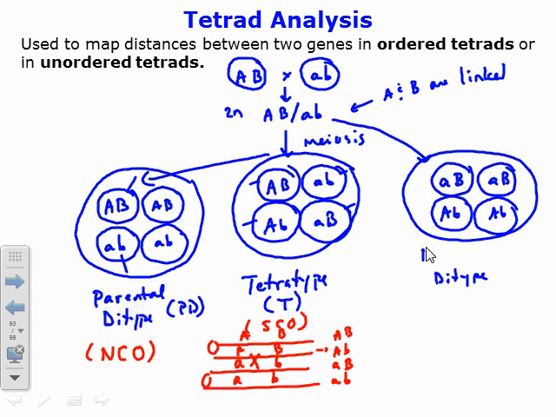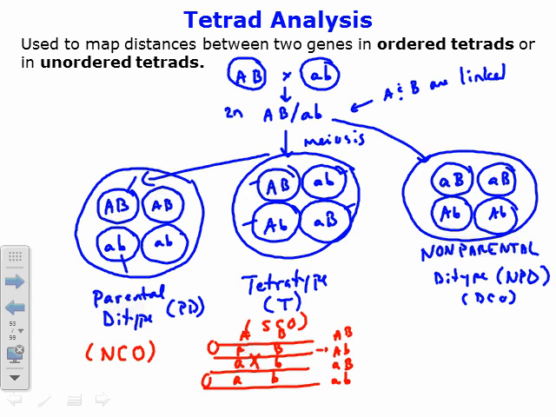So this is called a non-parental ditype, or NPD for short. And these arise through a double crossover. Double crossovers are always the rarest events.